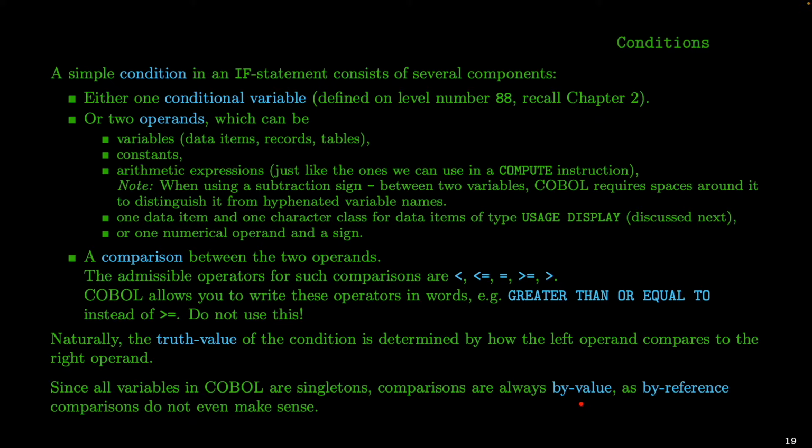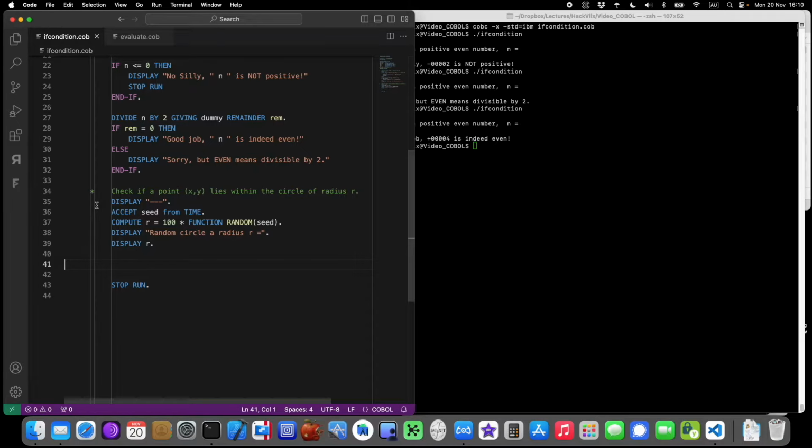Let's see some more examples for using these conditions. What I want to do for my next example is check if a given point with coordinates x, y lies within a circle of radius r, where the radius is randomly determined.